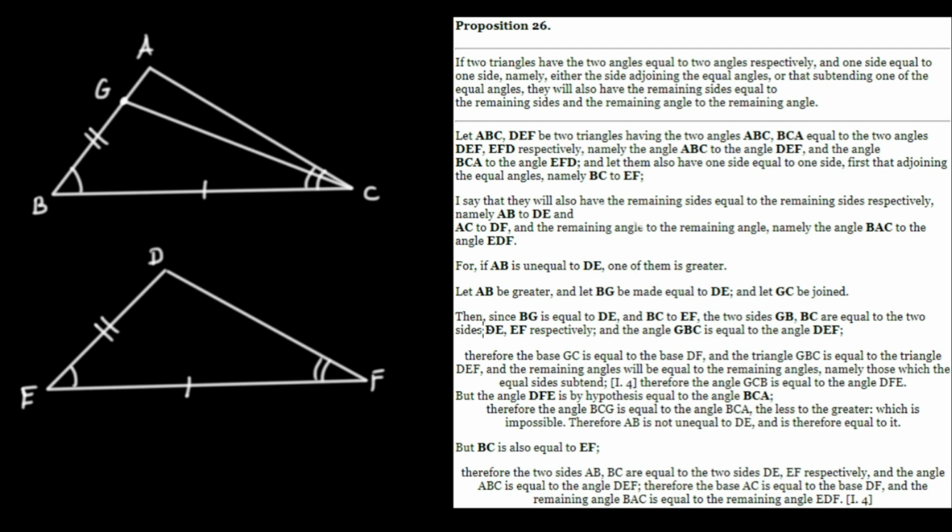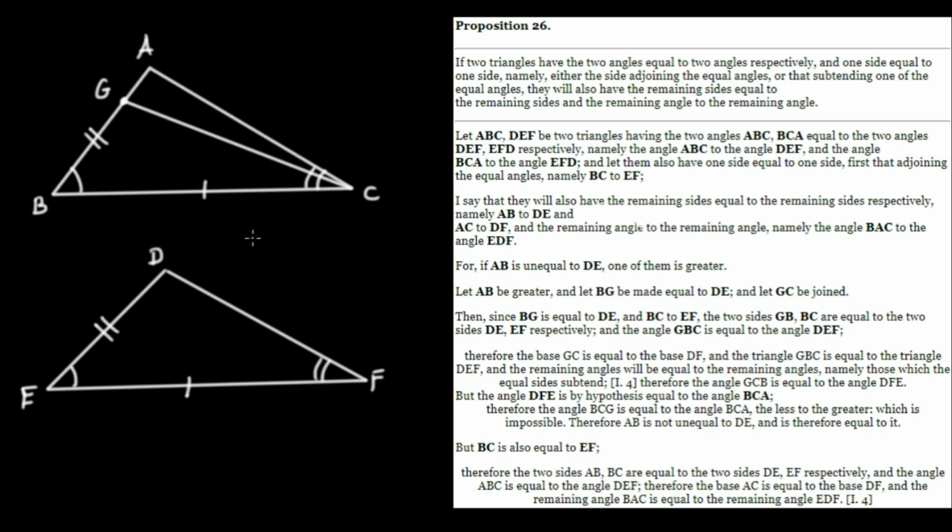Then he says, since BG is equal to DE, that's this side to this side, and BC to EF, the two sides GB and BC are equal to the two sides DE and EF respectively, and the angle GBC, which is over here, is equal to the angle DEF.